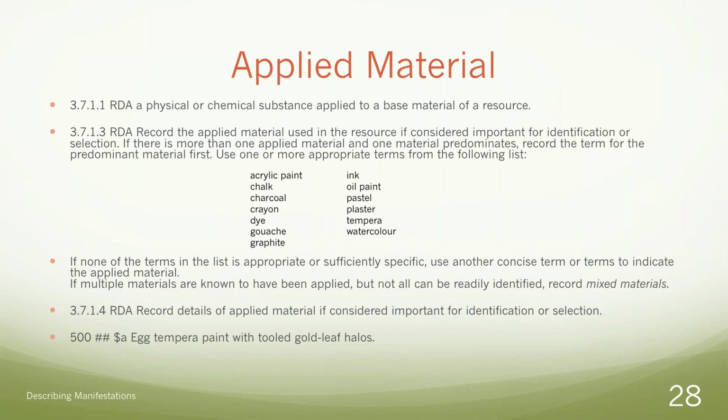So maybe it's egg tempera paint, maybe it's pastel paint, maybe it's graphite, maybe it's plaster, ink, charcoal, whatever it might be that's applied. You don't need an applied material for the poster that's been printed. That part is not needed.